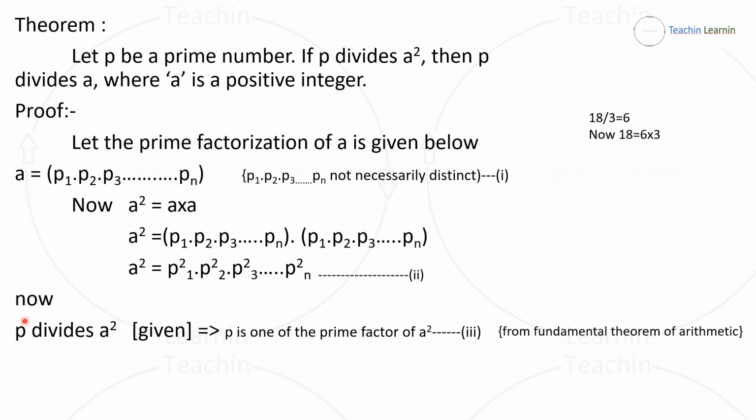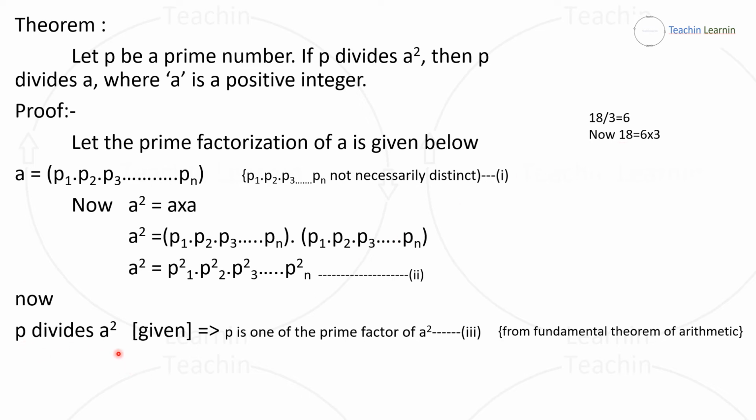So when a number divides some number, the dividing number is a prime factor. In this example, if 3 divides 18, then 3 is one of the prime factors of 18.